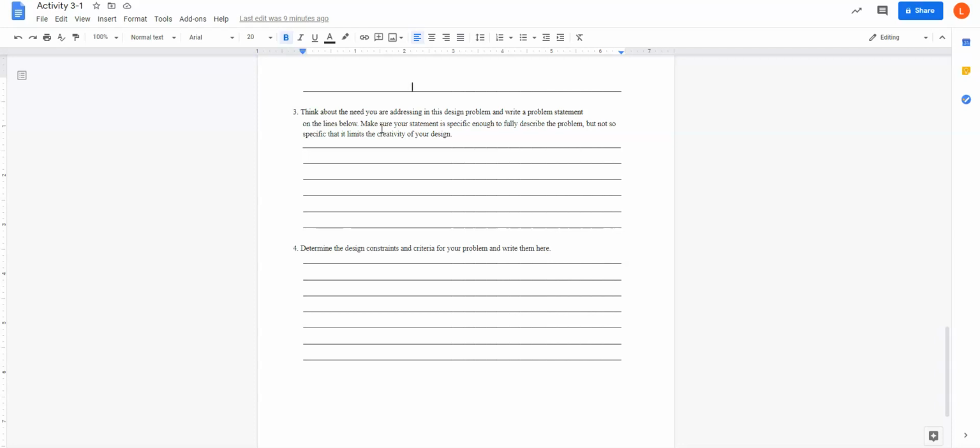And then down here, to determine design constraints and criteria for the problem. The constraints are whatever I decide: it must still be easily portable with my headphones. So I don't want to add any pieces to the headphones. I don't want to complicate it. I still want it to have the sleek design.